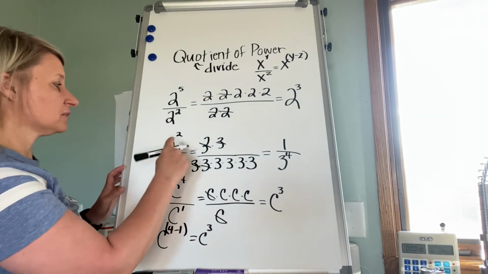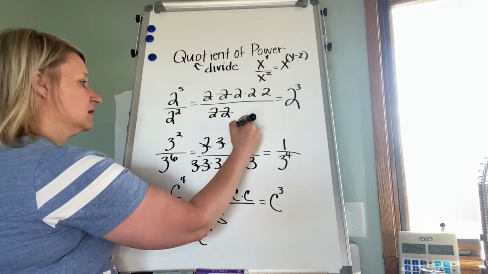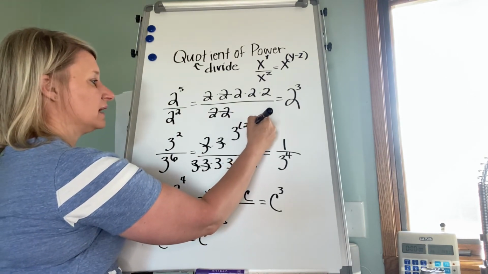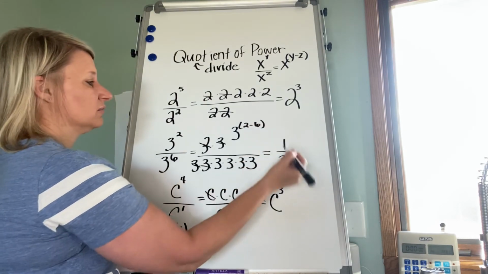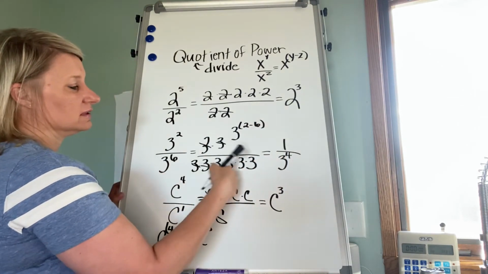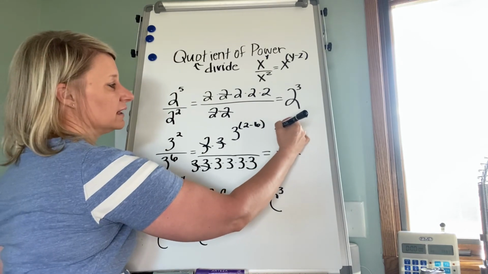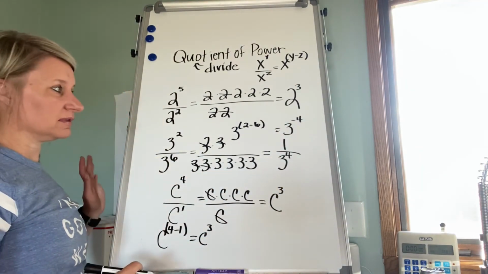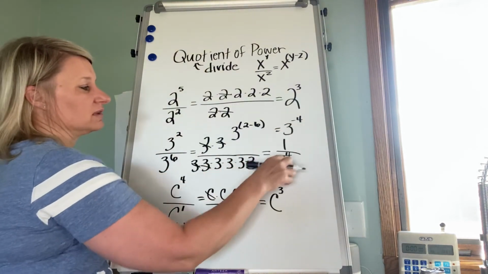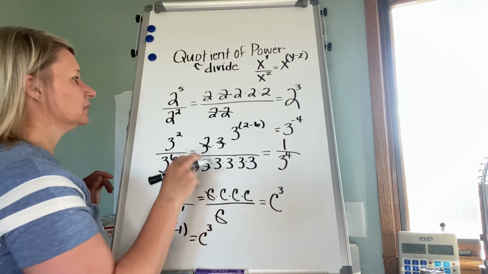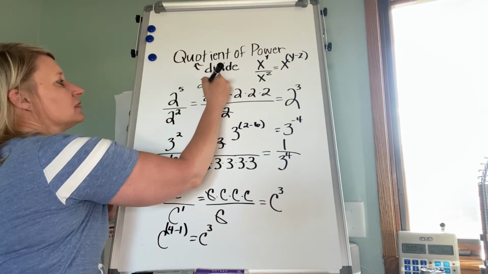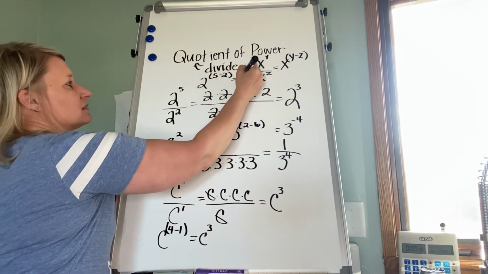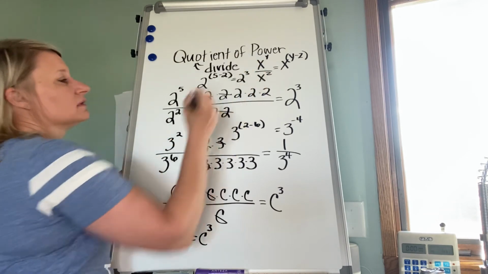So just like on this one up here, it would be 3, because that's our base, and then 2 minus 6, which gives us a -4, but we just did it this way, which is fine. But you can also write it as 3 to the -4th. It's completely fine to do that, because that actually means this, and that's a whole different rule. This one is 2 to the 5 minus 2 power, which gives us 2 cubed.